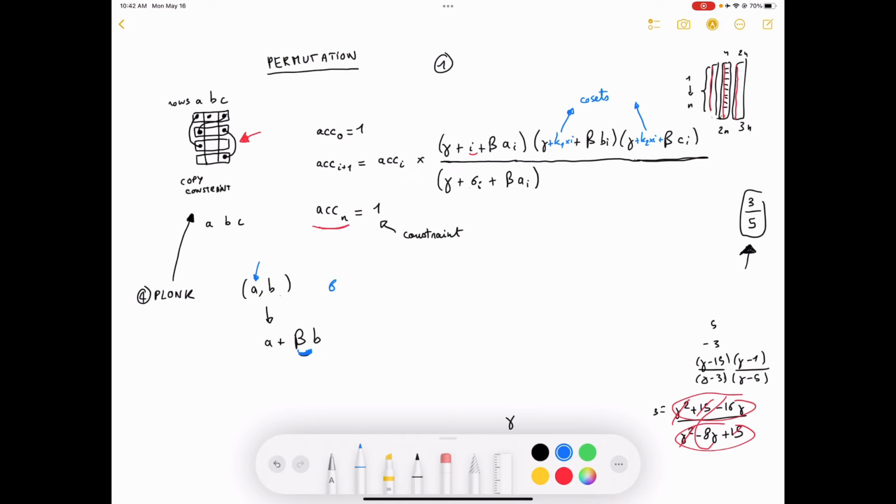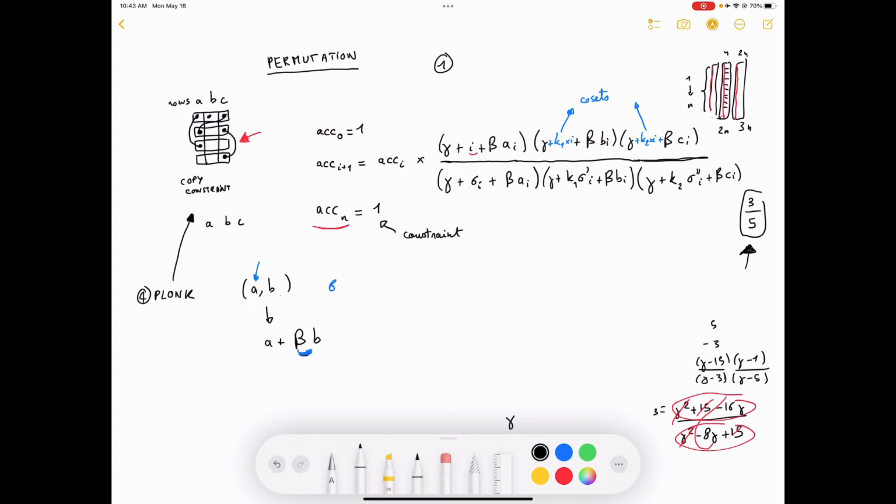And so here you need exactly the same down below. Gamma plus k sigma 2 I. All right, let's call it sigma prime I plus beta bi. And gamma plus k1 k2 sigma prime plus beta ci.